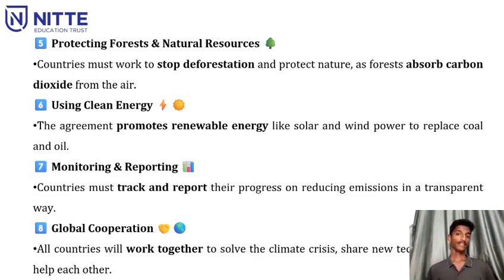If they share technologies, many countries have the best technology, but they don't share it because they want superiority over everyone. So if every nation comes together and shares their technology for the betterment of the future, we can 100% overcome this global warming.